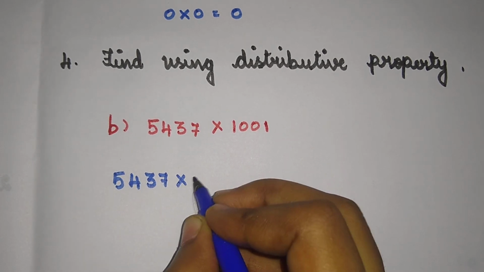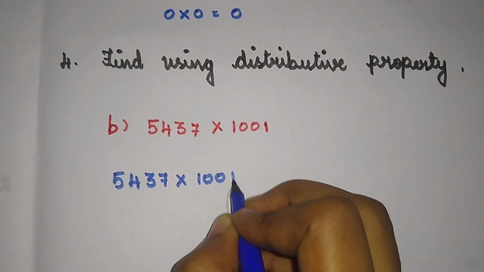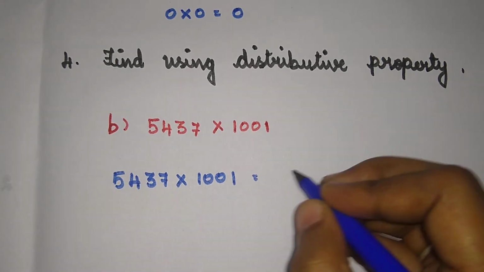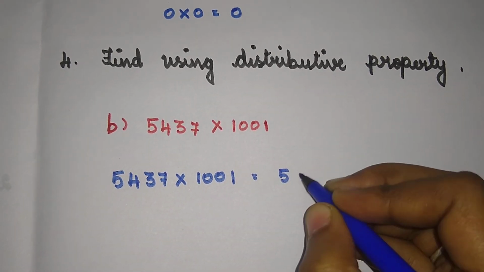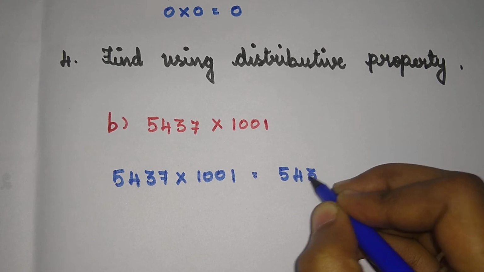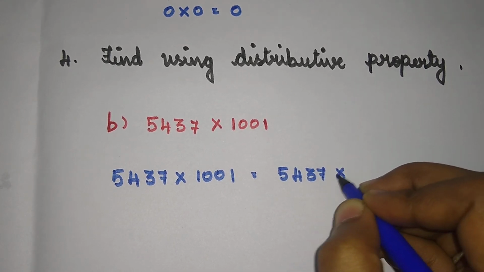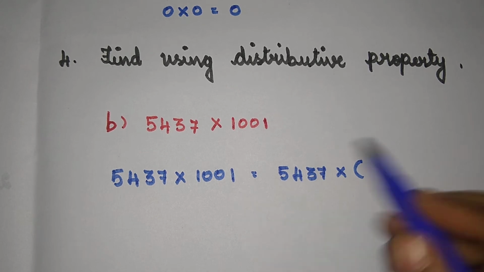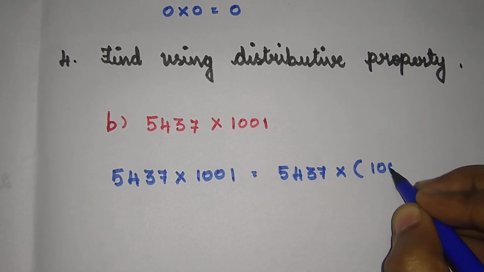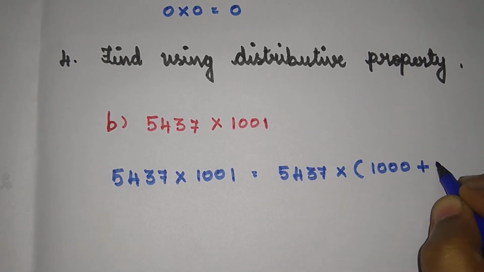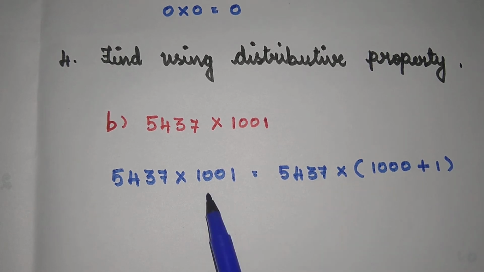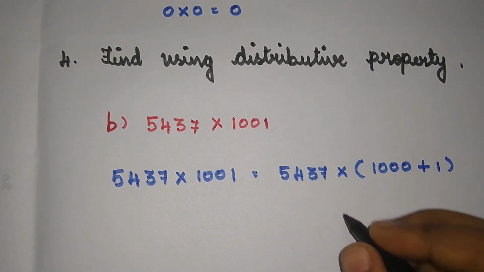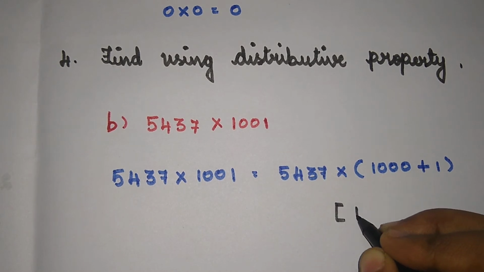5437 into 1001. We have to split 1001 into 1000 plus 1. Okay, we can write 1001 equal to 1000 plus 1. You have to write it in bracket.